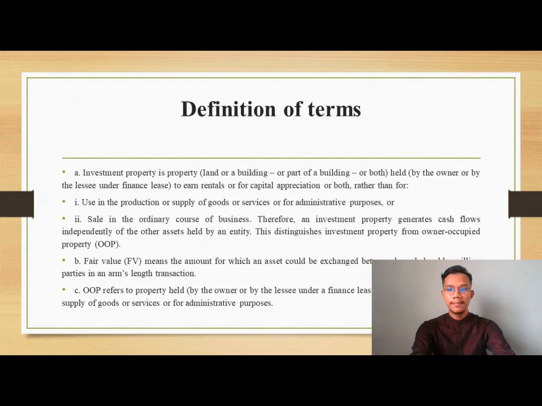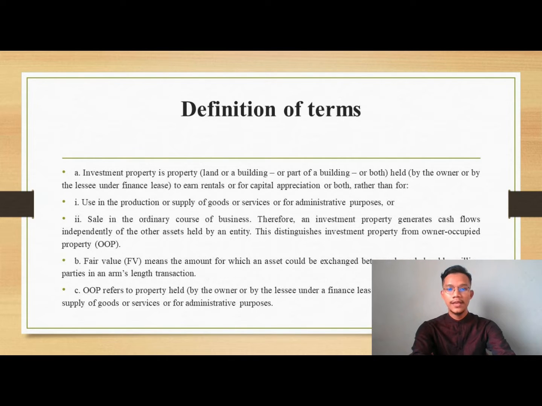Therefore, an investment property generates cash flows independently of the other assets held by the entity. This distinguishes investment property from owner-occupied property (OOP).